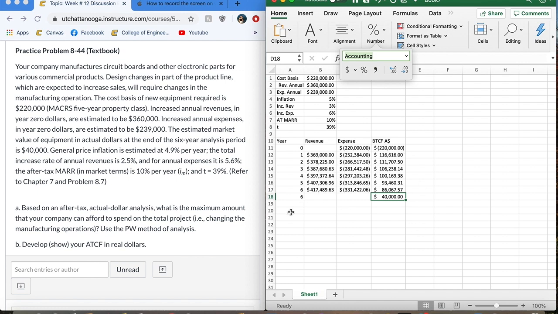So now that you have all this, we need to take into account the depreciation factors, which are in the lectures in this module. They're just given in a table. So we'll go all the way down to year 6. Just input these values real quick.